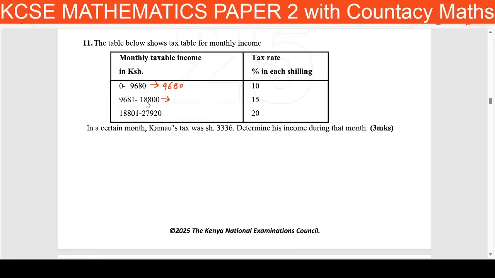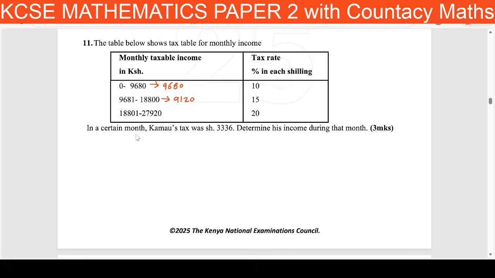What about here? To get the amount that is taxed here, we do 18,800 minus 96.80. Let's follow through keenly. This is quite important. We start by doing what we can so that we can get what is asked. And here it is almost 9120. That's the amount that is being taxed.